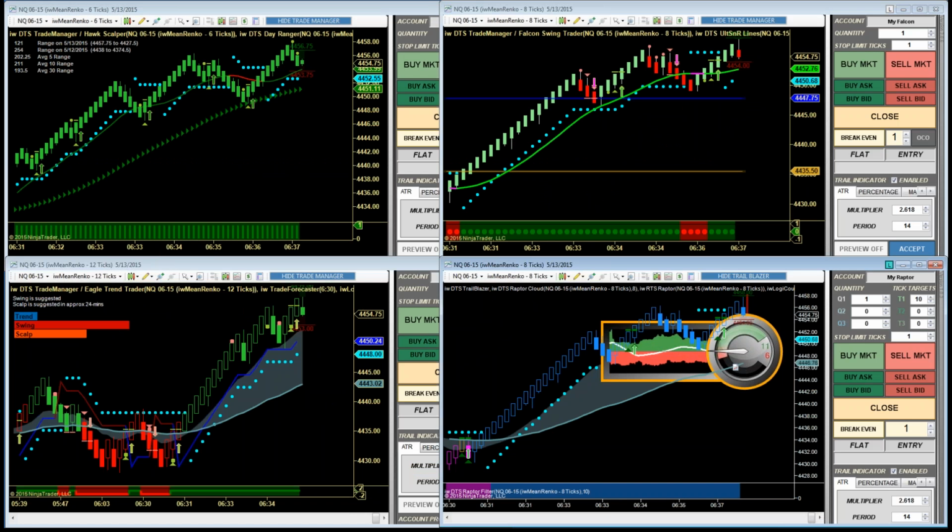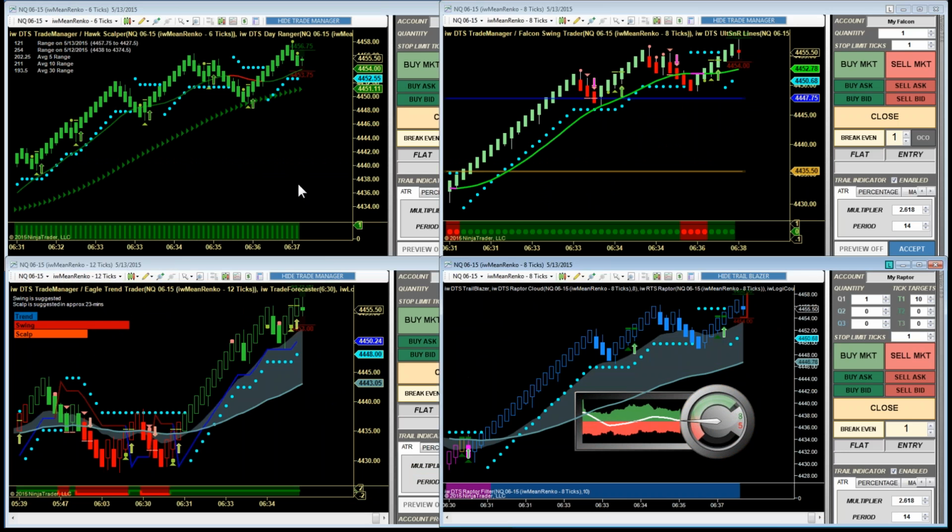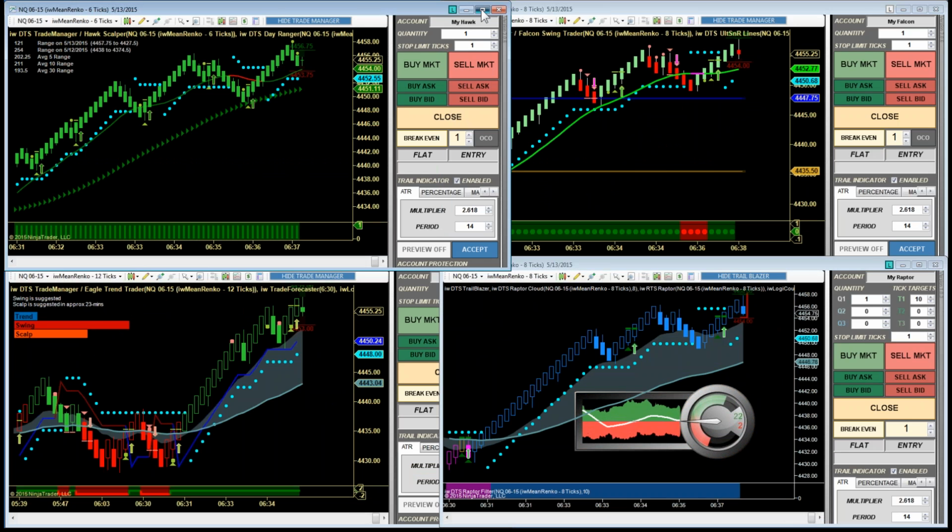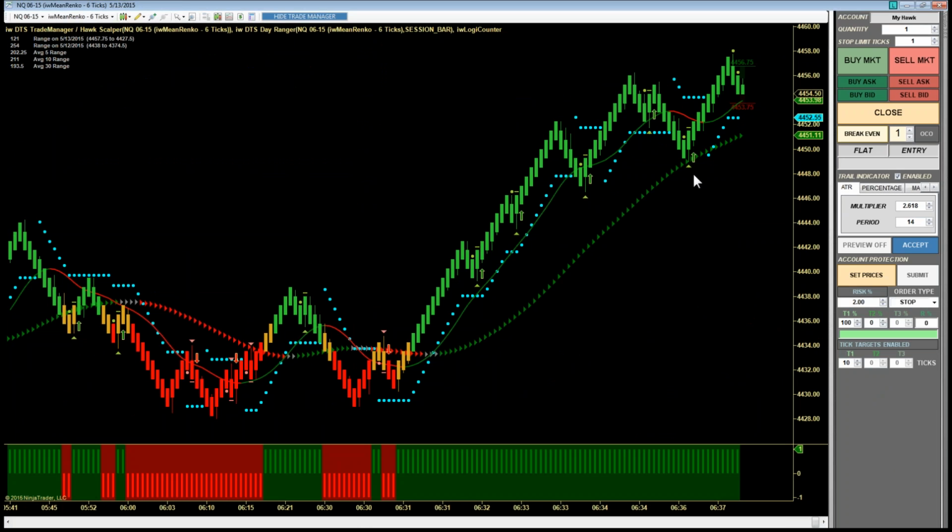You're going to see here that we would have generated complementary signals also on our hawk right here out of the open. We have what we refer to as our first micro-macro crossover signal. Pretty easy to identify. We have the micro line crossing over the macro line.